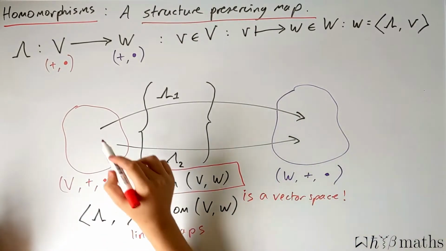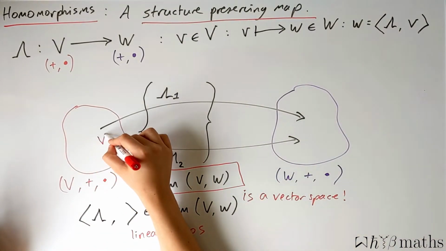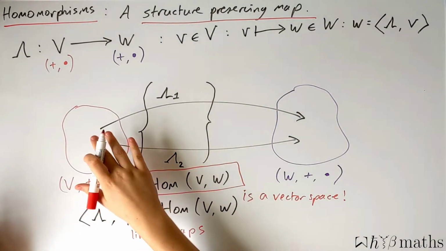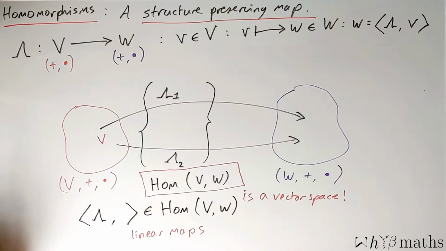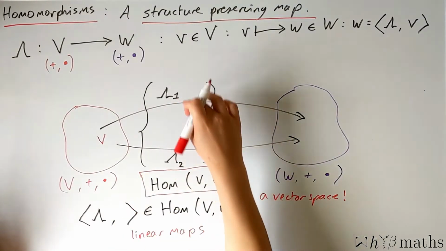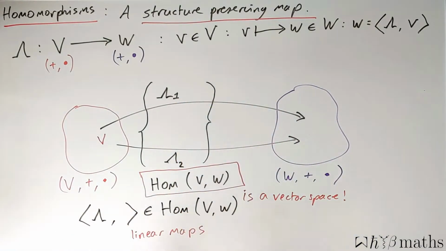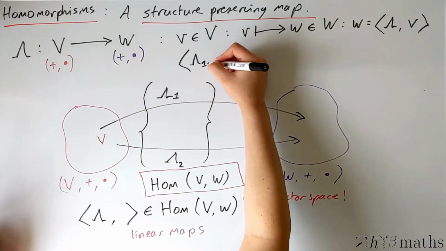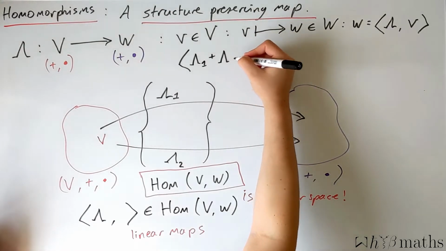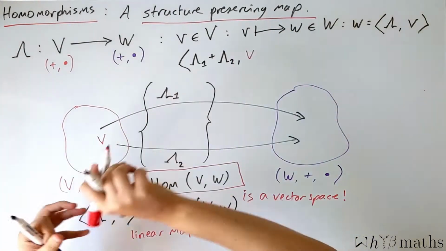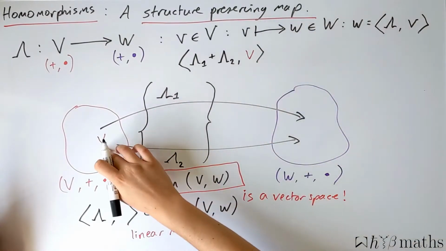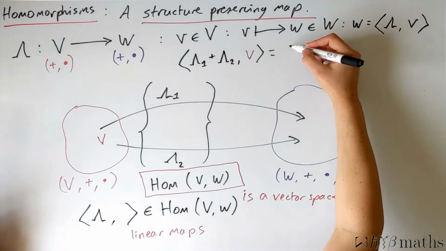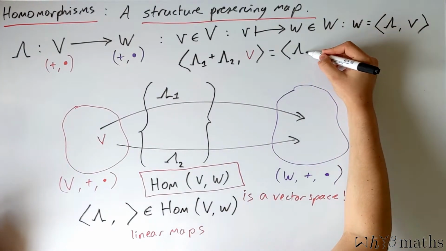So if we consider a single element in our domain space, which I'm going to call V, and now we consider possible linear maps that we could create into W. I've written two of them here, lambda 1 and lambda 2. Now just consider for a moment what it would mean to construct the sum of these two maps and then act on this vector that we're starting with over here. Because these lambdas are linear maps, we're allowed to split the map up in the following way.